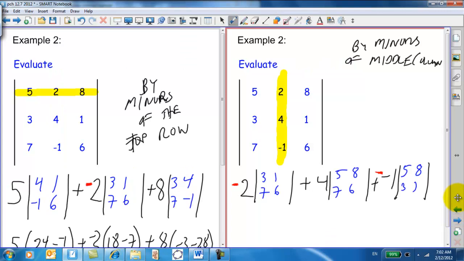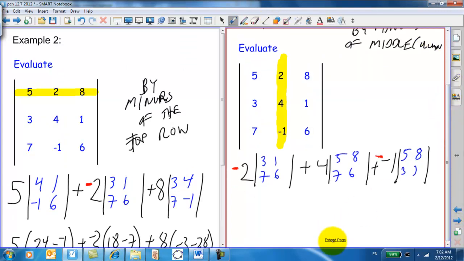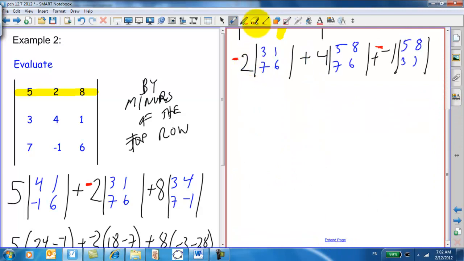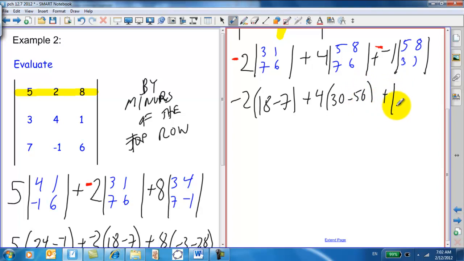Cool. So I'm just going to extend this page a bit and work through this. Negative 2 times 18 minus 7. We saw that before, didn't we? Yeah, because that was part of this expansion. Plus 4 times 30 minus 56, plus 1 times 5 minus 24.